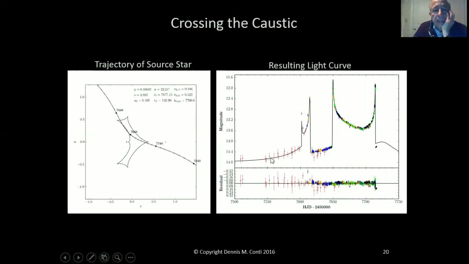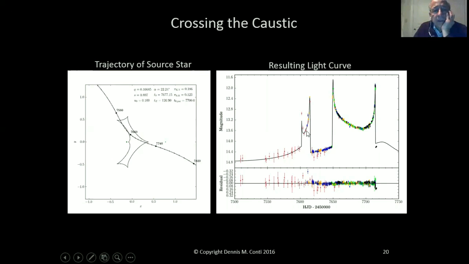And what you see here are observations. These little dots are different observations that were made, land-based observations that tracked this light curve. And each of these little spikes is when that source star crossed the critical curve of the caustic.